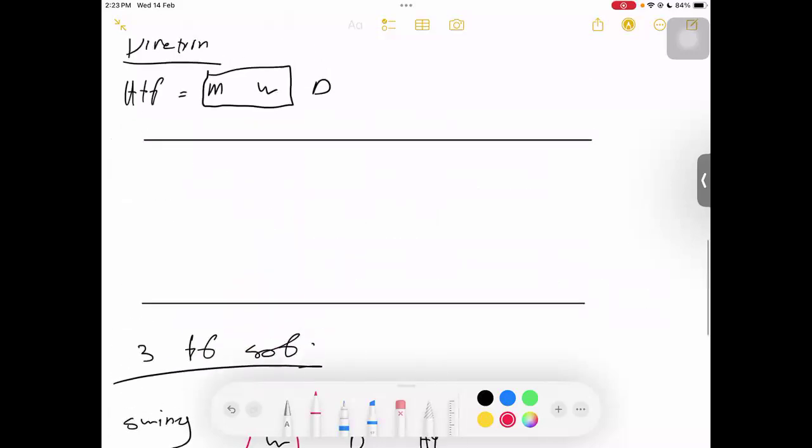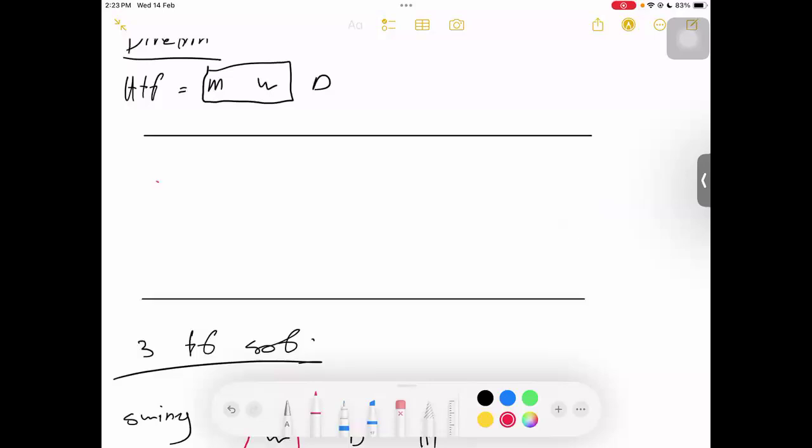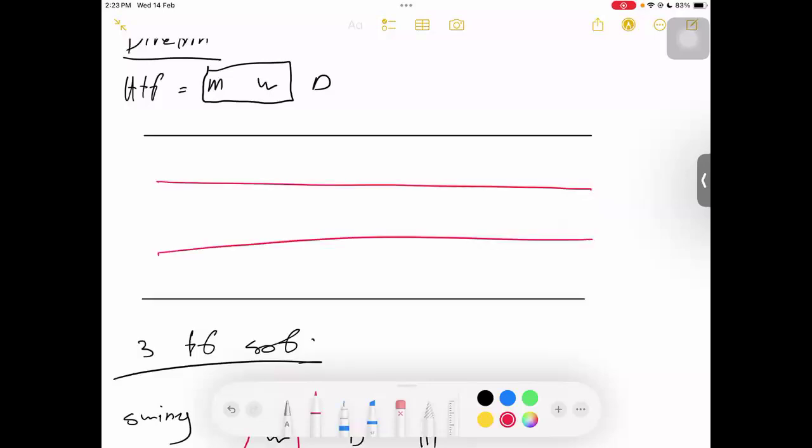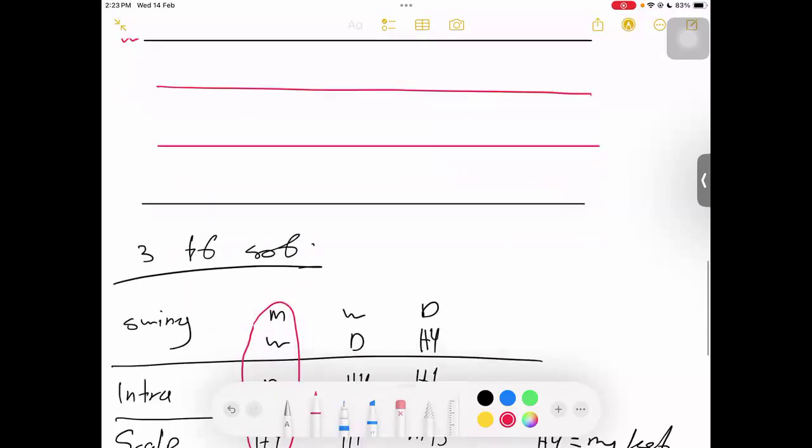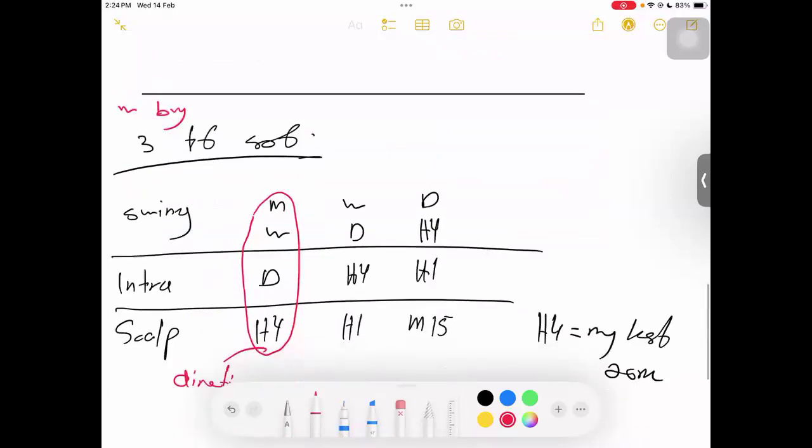So your direction will be weekly sell to weekly buy, correct? Yes. So that is your direction.